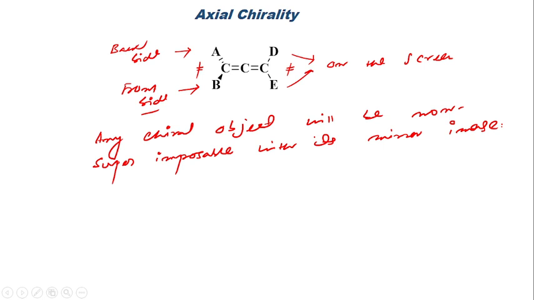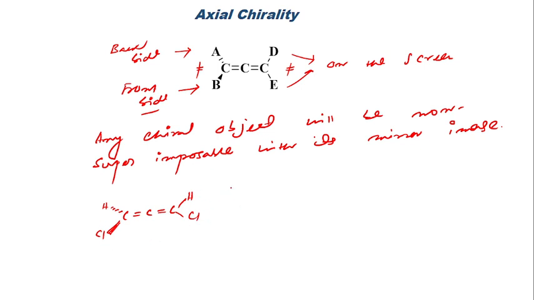Here we'll see what happens for the mirror images of allene molecules. For example, let's take this one. Let's say this is H and Cl, and these are H and Cl. Similarly, this is on the screen, this is on the front side, this is on the back side.